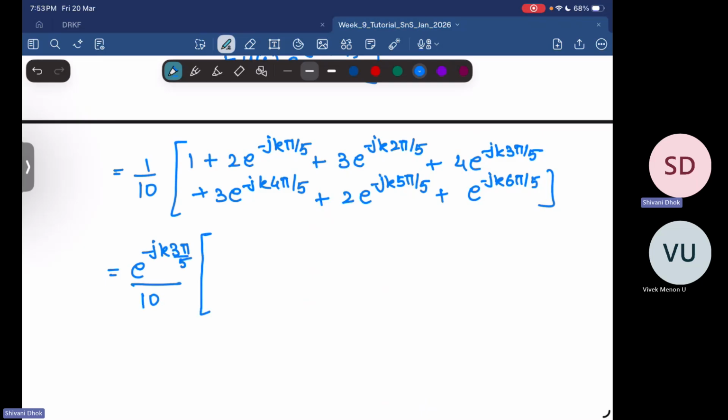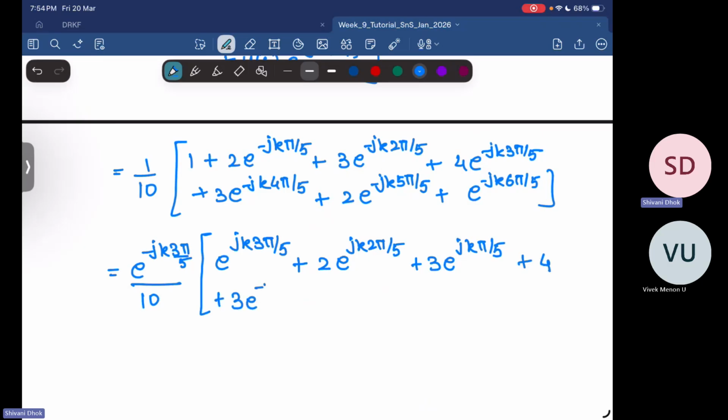Inside the bracket, I'll get e power j k 3 pi by 5 plus 2 times e power j k 2 pi by 5 plus 3 times e power j k pi by 5 plus 4 plus 3 times e power minus j k pi by 5 plus 2 times e power minus j k 2 pi by 5 plus e power minus j k 3 pi by 5. Okay, so this is what we get.